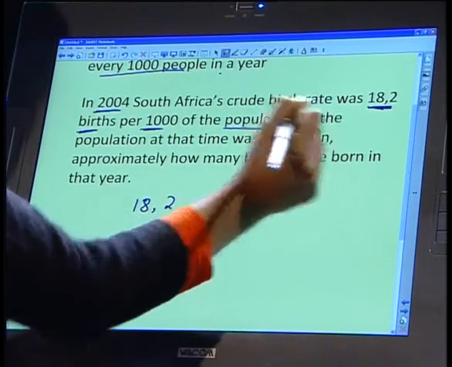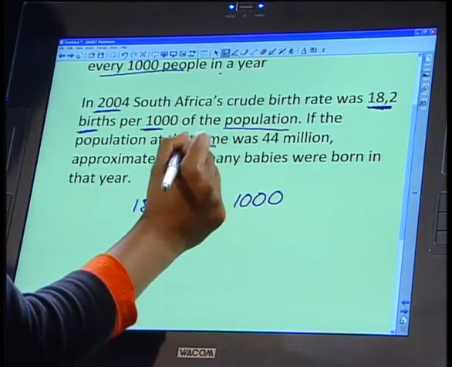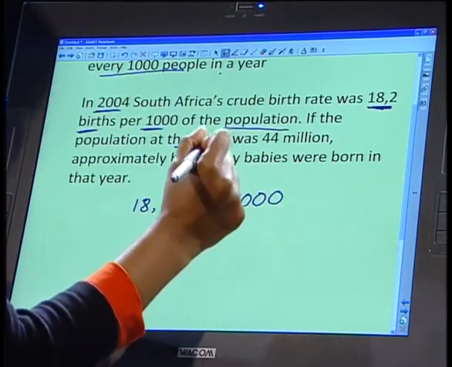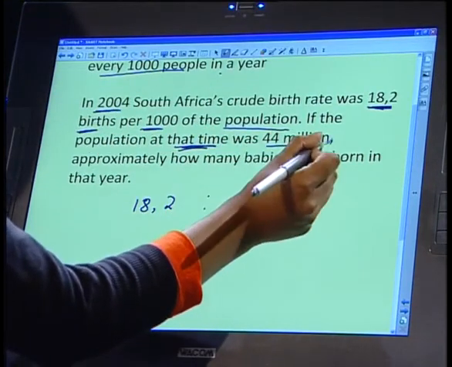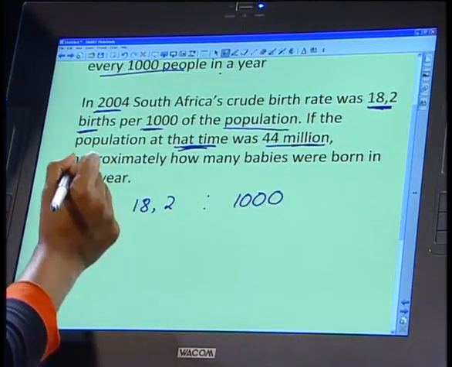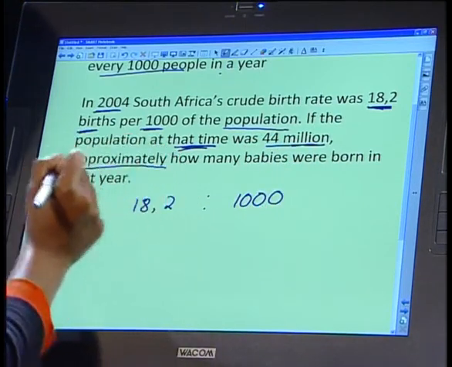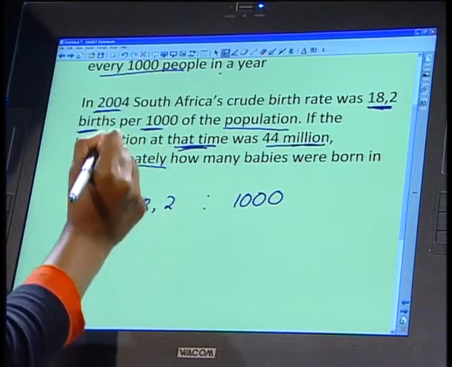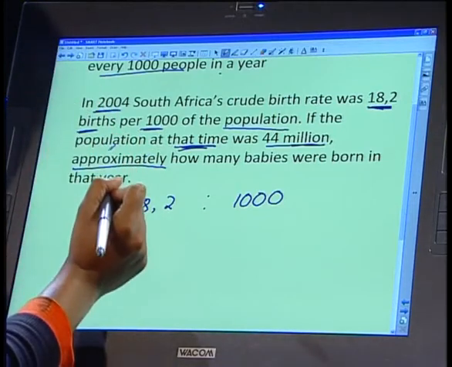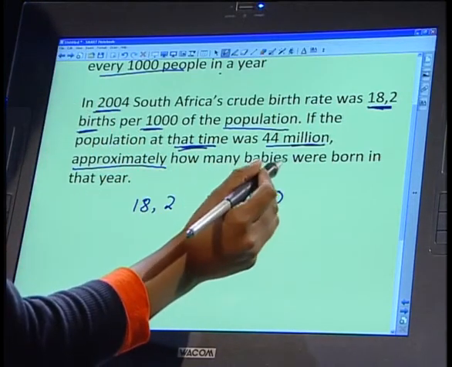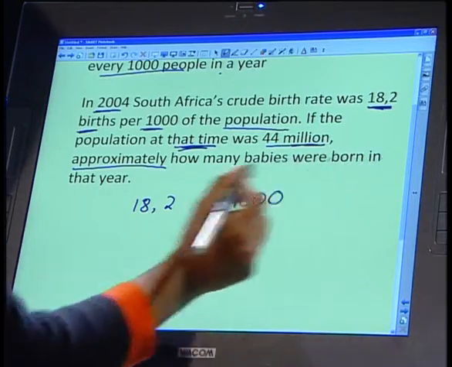They then say if the population at that time, being 2004, was 44 million, approximately, here is a clue to you that you're probably going to have to round off. Approximately how many babies were born in that year?